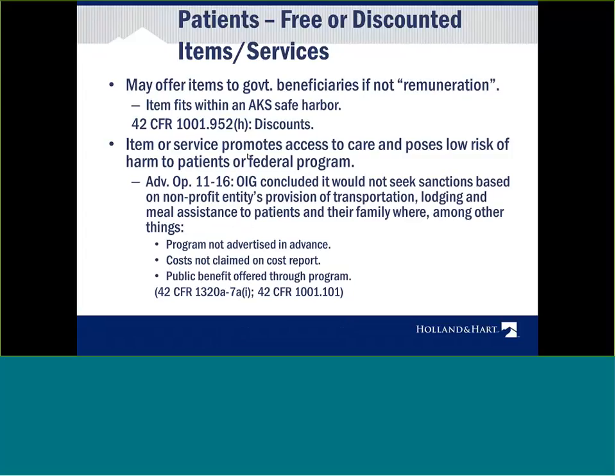And then finally, if an item or service promotes access to care and poses low risk of harm to patients or the federal healthcare programs. This is an example in an OIG advisory opinion, where a nonprofit entity was providing transportation, lodging, and meal assistance to patients, and some of the things that the OIG considered and ultimately found that that relationship was not likely to be abusive or cause harm to the federal healthcare programs, was that it was not advertised in advance, the costs were not claimed on a cost report, and it was a public benefit offered through this program.